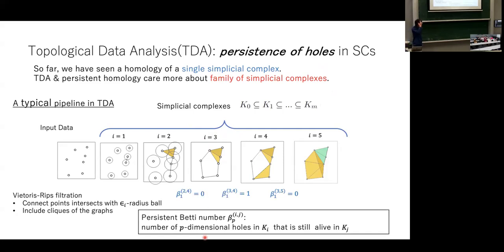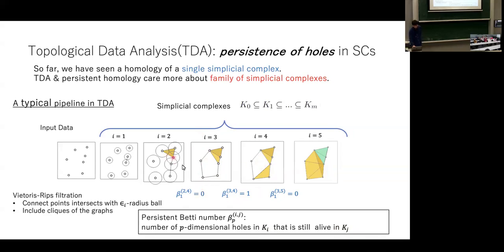And the persistent Betti number is a very important topological invariant in TDA. The p-dimensional (i,j) persistent Betti number is the number of p-dimensional holes that exist in K_i that still exist in K_j. For example, if you look at the first Betti number between times 3 and 4, this is equal to 1, because this hole exists at time 3, and this hole still exists at time 4.